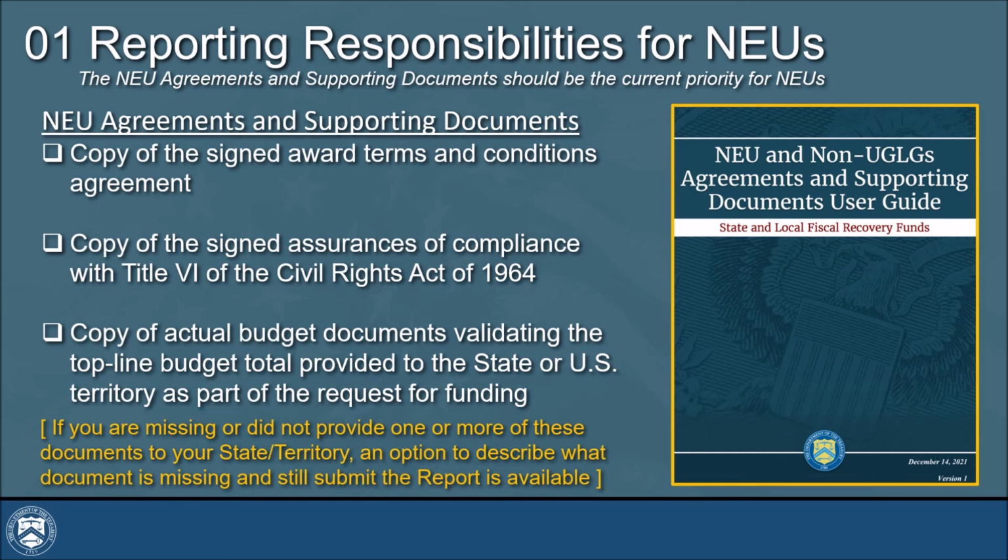If you are one of these NEUs that are missing or did not have one or more of these documents provided by your state or territory, an option to describe what document is missing and still submit the report is available in the report form. The Treasury team may follow up if there are additional questions about the missing documents, but this option will allow you to submit what you have in the report in the meantime.